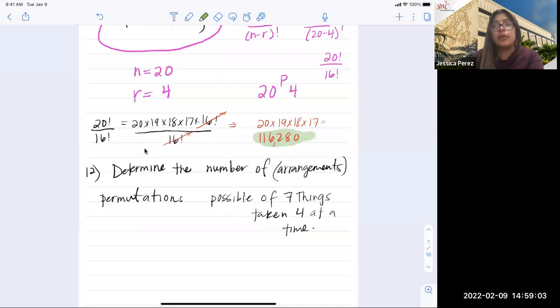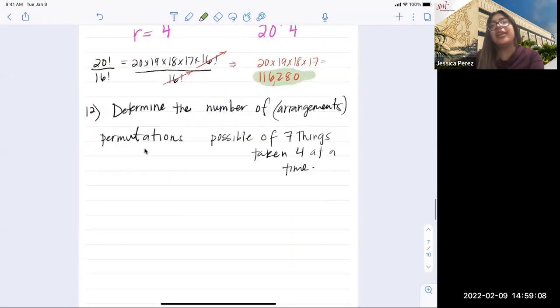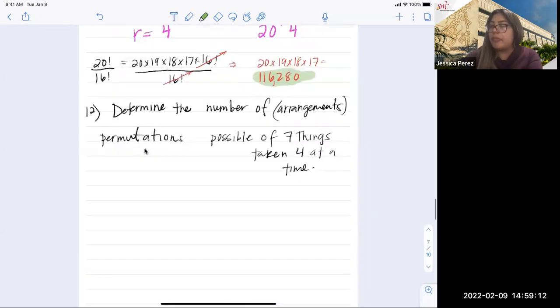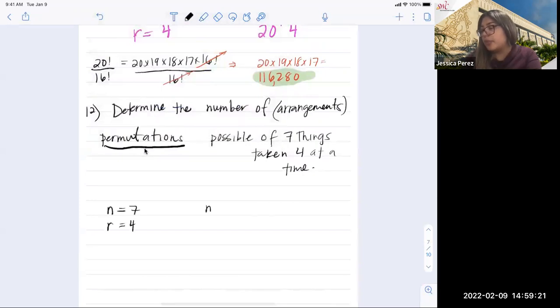So determine the number of arrangements or permutations possible of 7 things taken 4 at a time. That one is already telling you what to do. You want to permute. n is equal to 7, r is equal to 4. You use the formula n factorial over n minus r factorial. You get 7 factorial over 7 minus 4 factorial, so 7 factorial over 3 factorial.